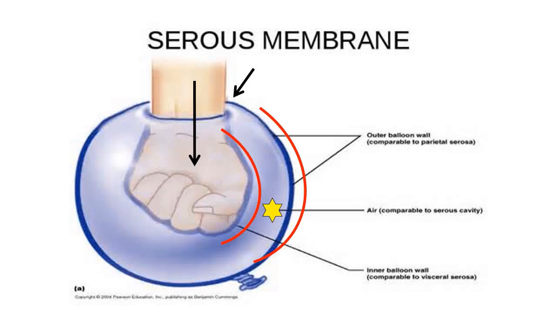Visceral means an organ, and the space between the parietal and the visceral usually contains a small amount of fluid for lubrication, because the invaginating organ is usually motile, like the lung expands and recoils, the heart beats, and the small intestine gets distended and moves around in the abdominal cavity.